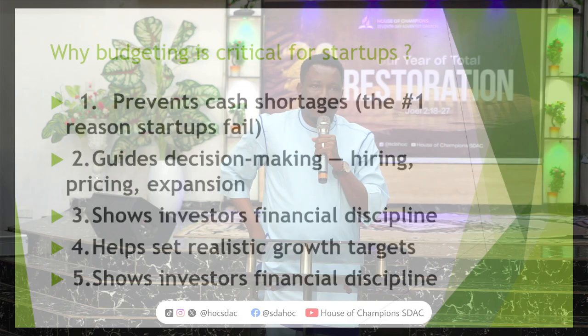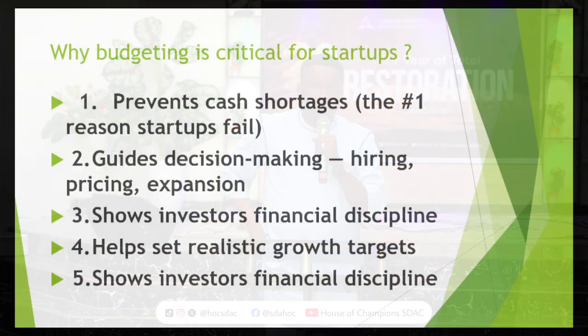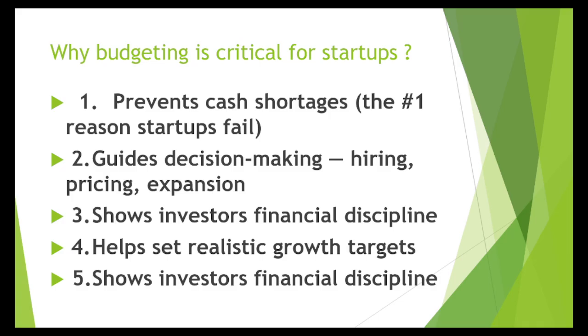Budgeting shows investors financial discipline. For a proposal, when people come and meet you, they are always putting emotions to it, and if you don't have the financial discipline to run businesses, you are going to falter.